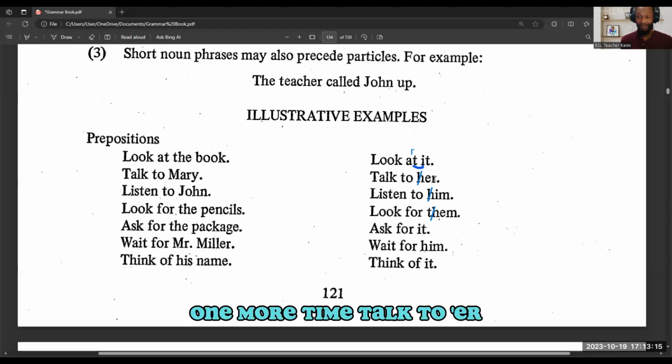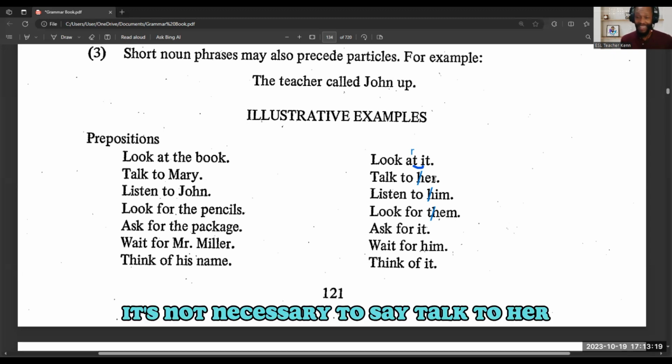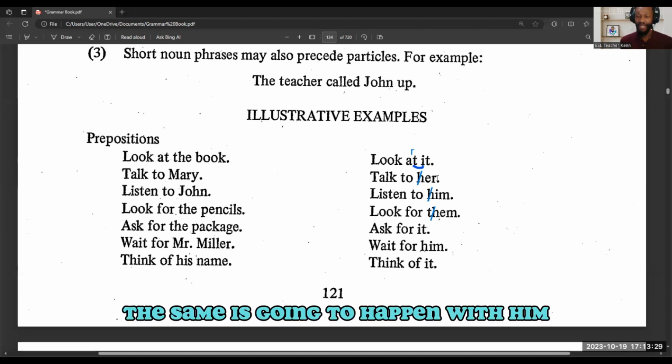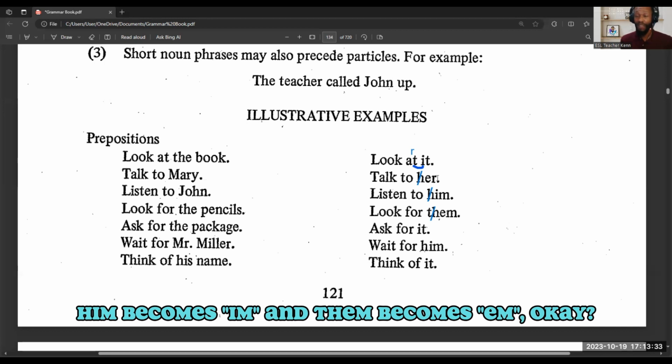Talk to her. In American English, it's not necessary to emphasize that H. The same is going to happen with him. Him becomes 'im and them becomes 'em, okay?